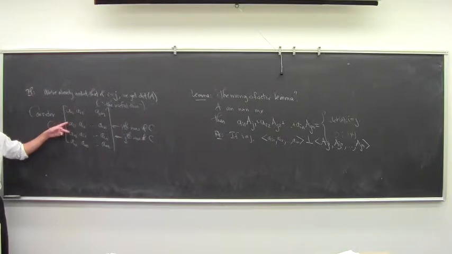So the jth and ith rows of C are the same. They're both the matrix A's ith row.